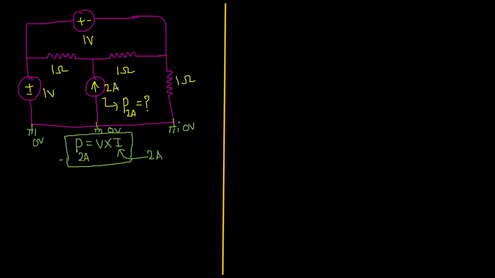Fine, sir. Now my question is, they clearly told that this 2 ampere current source is delivering the power. When a person is delivering the power, it doesn't matter whether it is a current source or something else, for that element, the current entering point should be minus and the leaving point should be plus. This is the current identification.